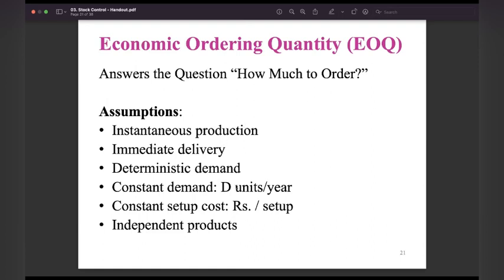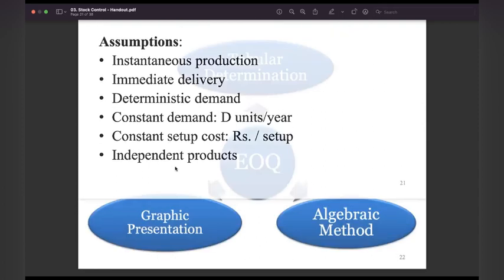Once you produce, you immediately deliver it. Next, deterministic demand. They can determine the demand correctly. Constant demand. So once the demand is determined, it will be very similar over years, over months, or whatever you are doing the computations for. Then constant setup cost won't change, and the products will be independent. So these 6 assumptions are there for us to enable EOQ calculations.